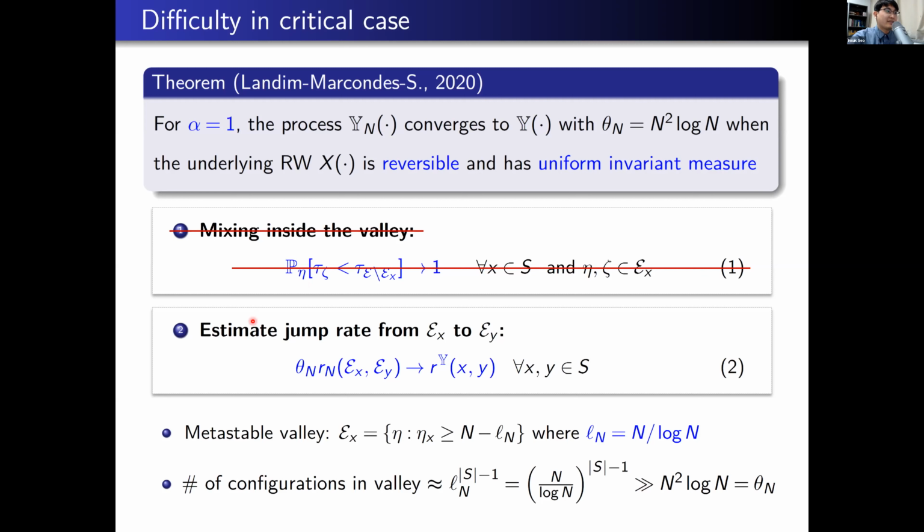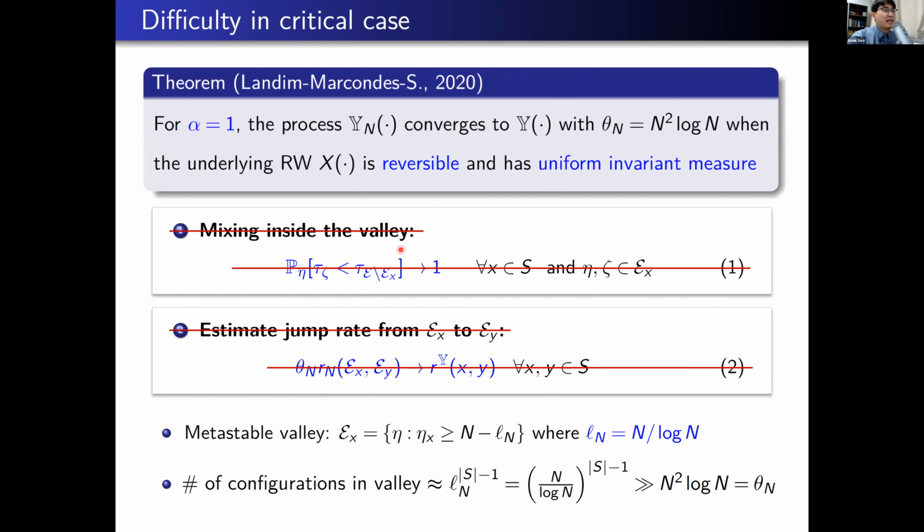Since this second estimate is based on this first one, you cannot expect the second one can help you as well. So we no longer have these two nice and standard ingredients in the study of metastability.